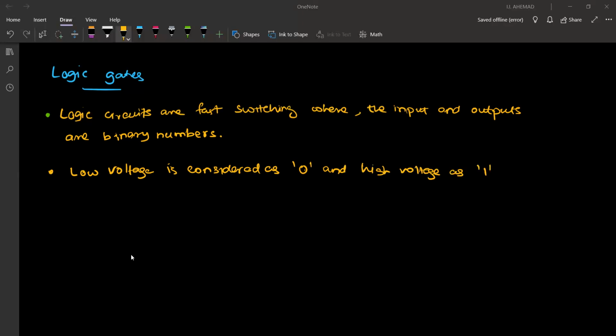There are only two possible values, 1 or 0. In that, low voltage is 0 and high voltage is 1. And we can use this 0 and 1 for different logic conditions.